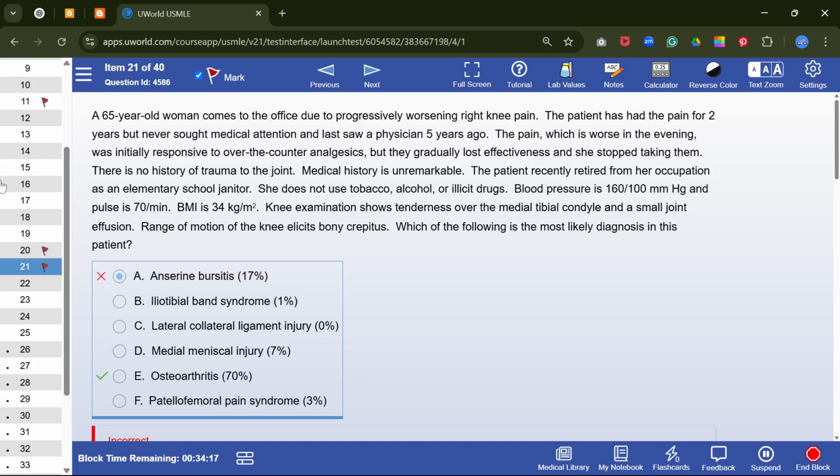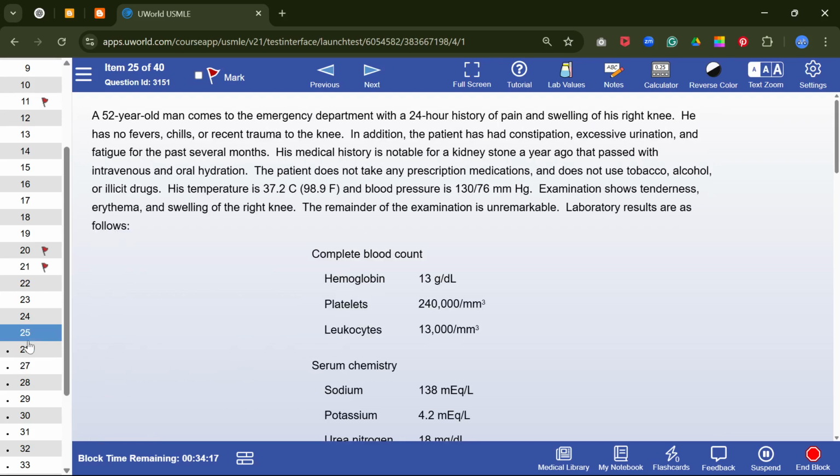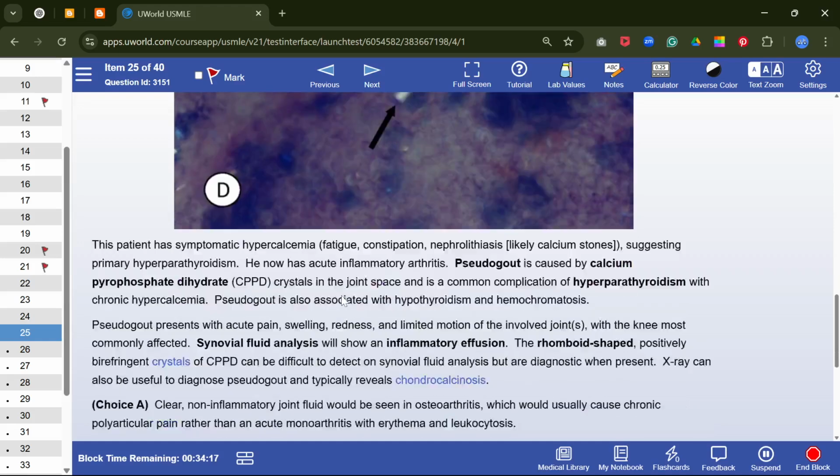It is primary hyperparathyroidism, and it is pseudogout, a complication of hyperparathyroidism.